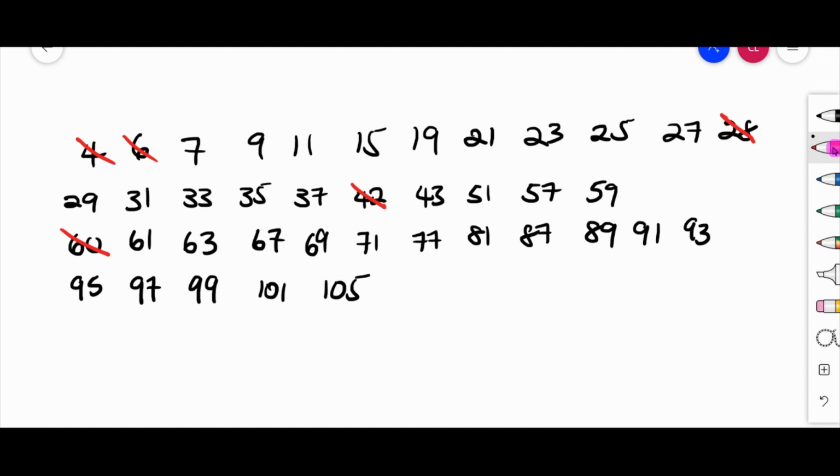So the next step now would be to take out all the multiples of 3. Now 6 is gone already. So 9 is a multiple of 3. 15, 3 5s, 15 is a multiple of 3. 21 is a multiple of 3. 3 7s, 21. 3 9s, 27.